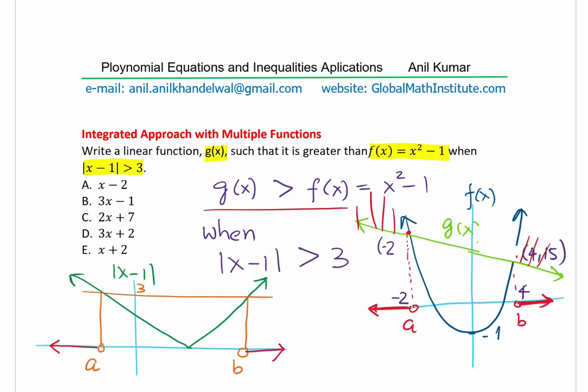So the points were minus 2, 3 and 4, 15. Using these 2 points, we got the function g of x, and we found that this equation is 2x plus 7. Does that make sense to you, right? So that is how we are actually going to solve this question.